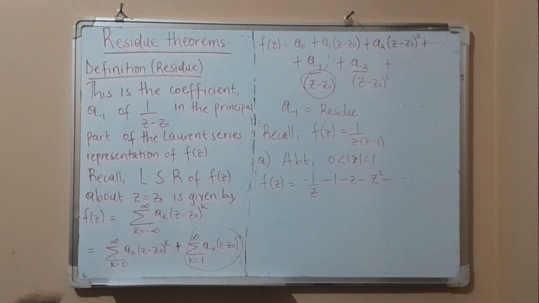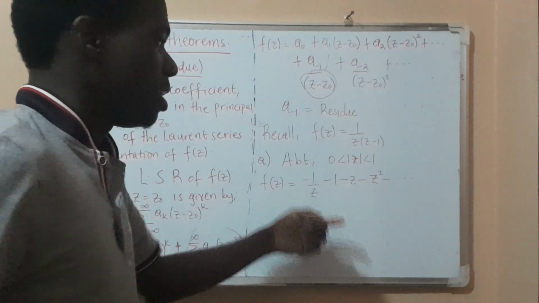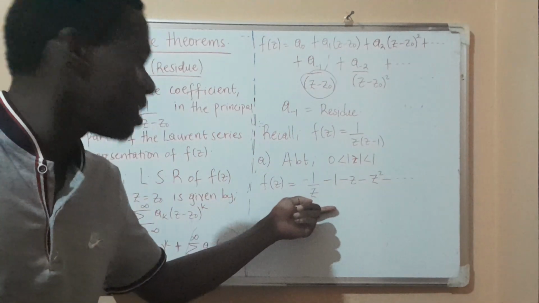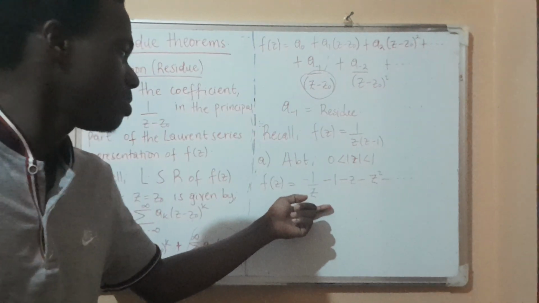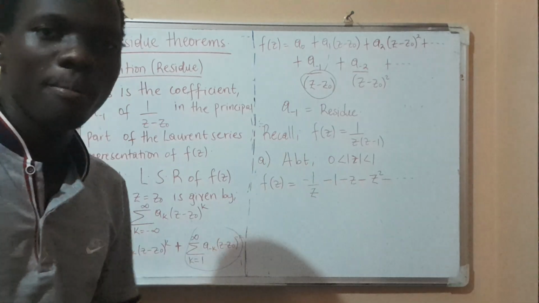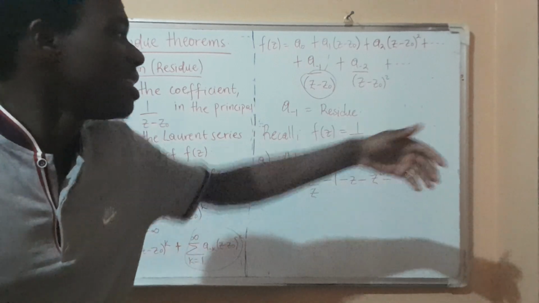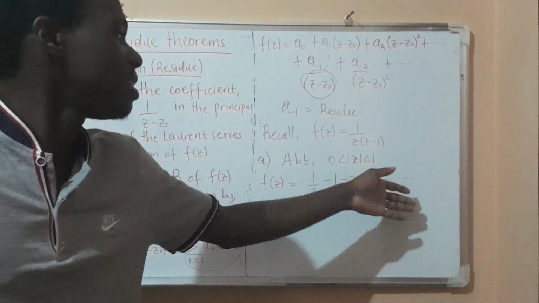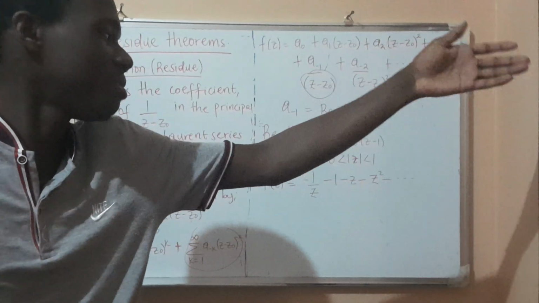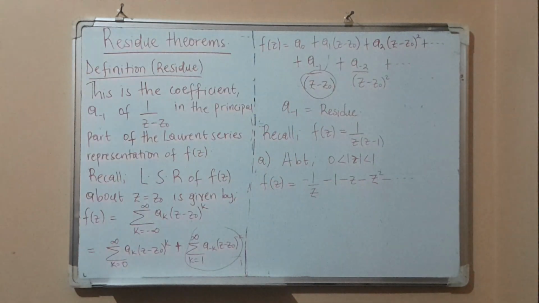So according to this domain which was given, we obtain this as our Laurent series representation, whereby the principal part has a finite number of terms, but the analytic part has infinite terms. You can see that we are heading to z to the 3, z to the 4. They continue in that way.